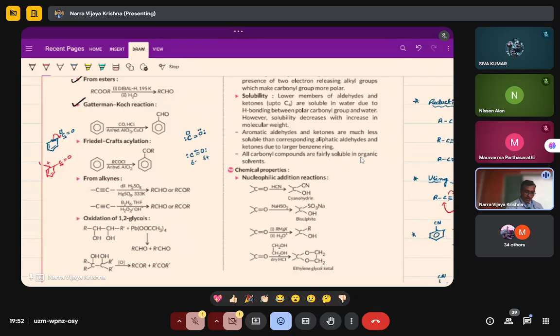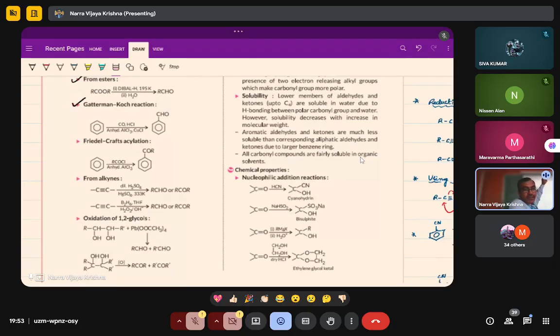Now this is positive, and you have hydrogen. This bond will shift here and this H goes away. So then what you will get? Clear? We call this Gattermann-Koch. Benzene with carbon monoxide, HCl, CuCl, anhydrous AlCl3, so benzene will convert into aldehyde. So we call it Gattermann-Koch.